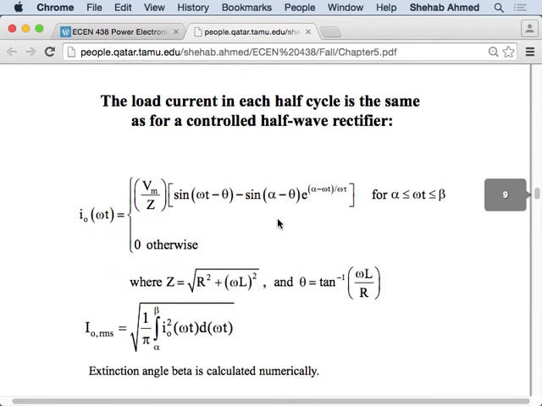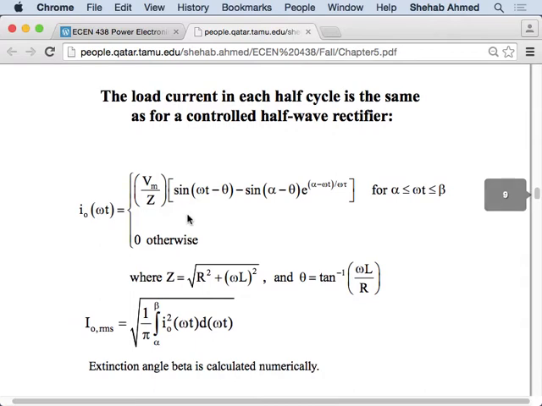Again, the equation for current is exact. If you go back to the half-wave rectifier current waveform, it's exactly the same. This is the forced response, V maximum sine omega t, divided by the impedance magnitude, with the angle brought up here. And then this is the A e to the minus t over tau term, just phase shifted by alpha. So it's exactly the same equation as the half-wave rectifier current waveform.